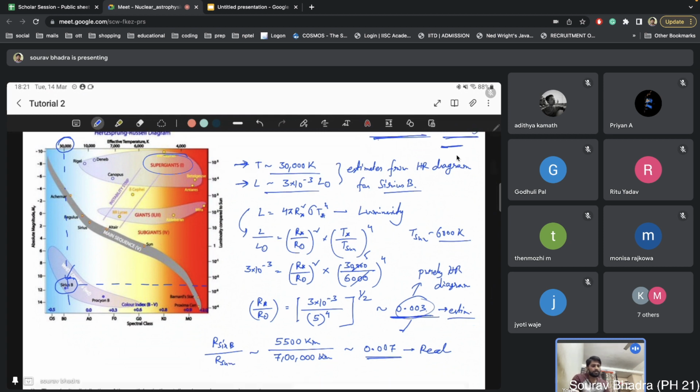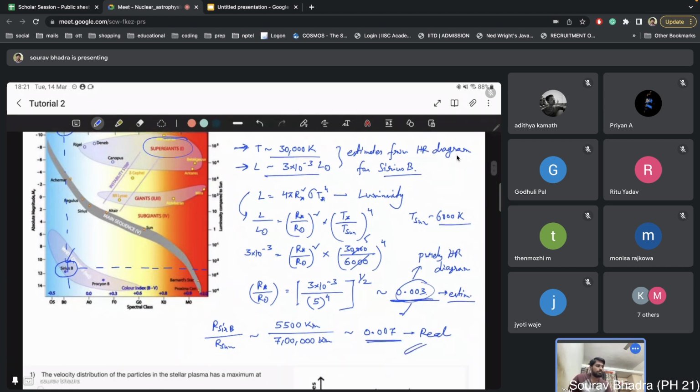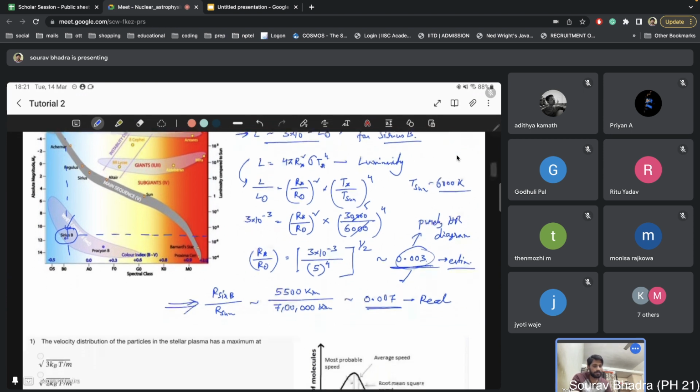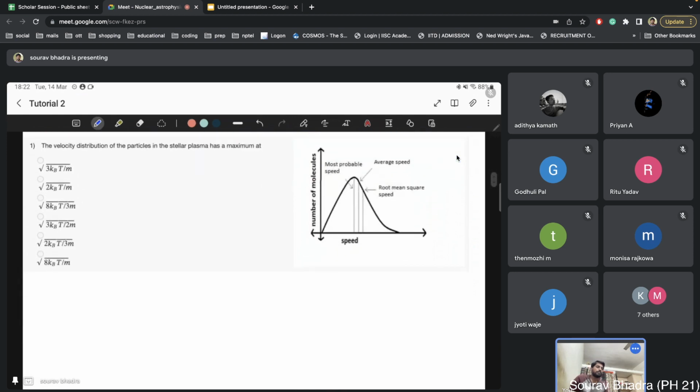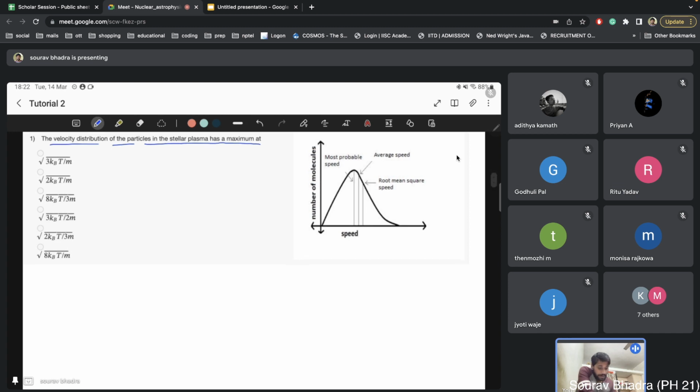This was an interesting thing which I wanted to share with you, in comparison with the realistic case. Now coming directly to the problem of the assignment. The first question was: the velocity distribution of the particles in the stellar plasma has a maximum at which temperature, at which velocity?